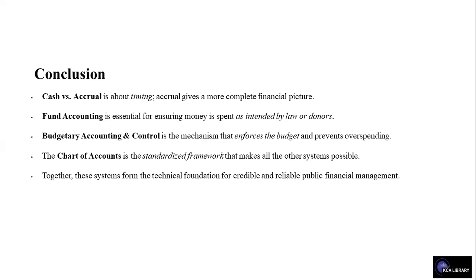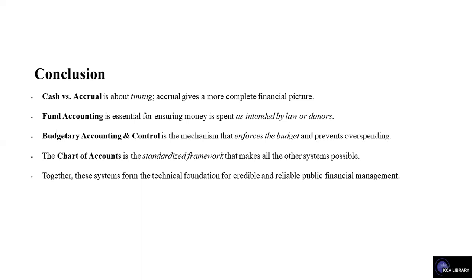In conclusion, the cash versus accrual basis is about timing, and accrual gives a more complete financial picture when we compare it to a cash basis. Fund accounting is essential for ensuring money is spent as intended by the law or donors.